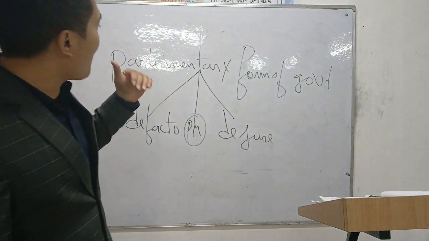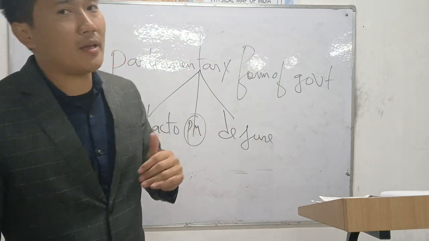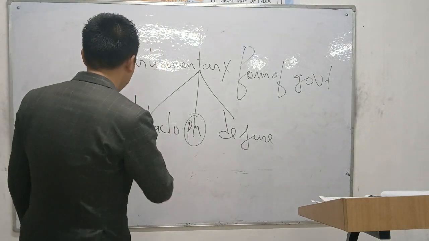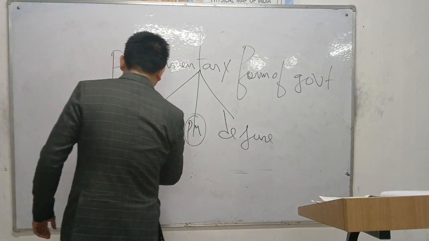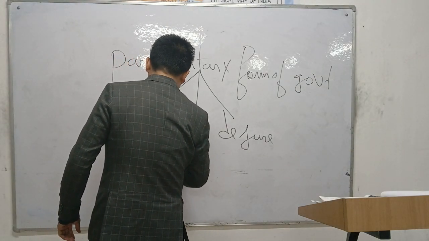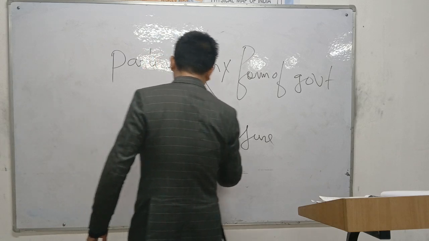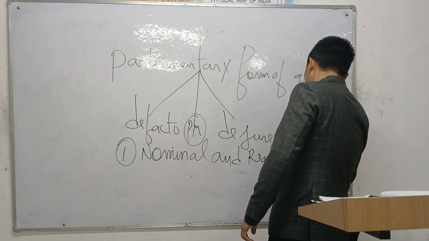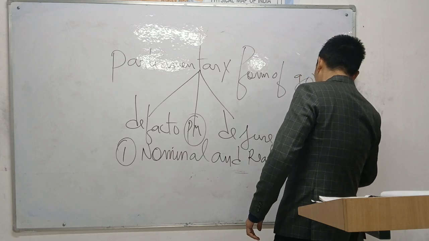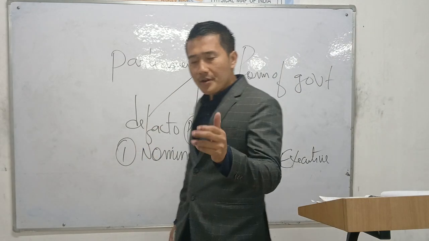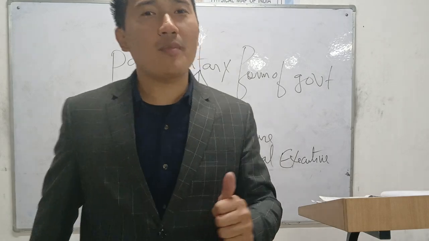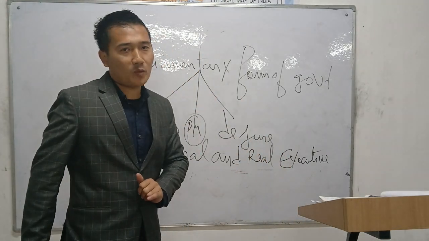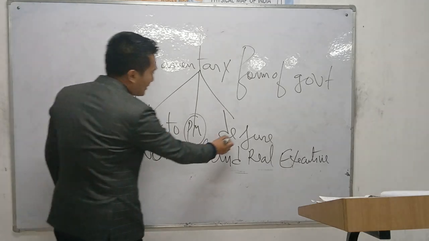What is this parliamentary form of government? We will first see today the first feature of a parliamentary form of government: nominal and real executive, which means de facto and de jure.